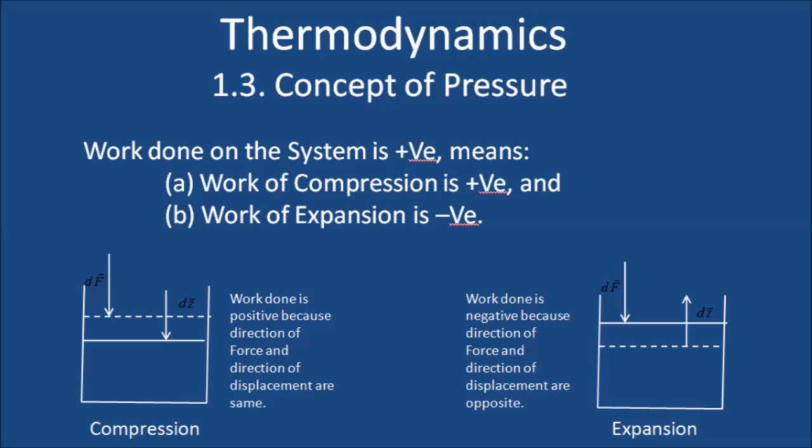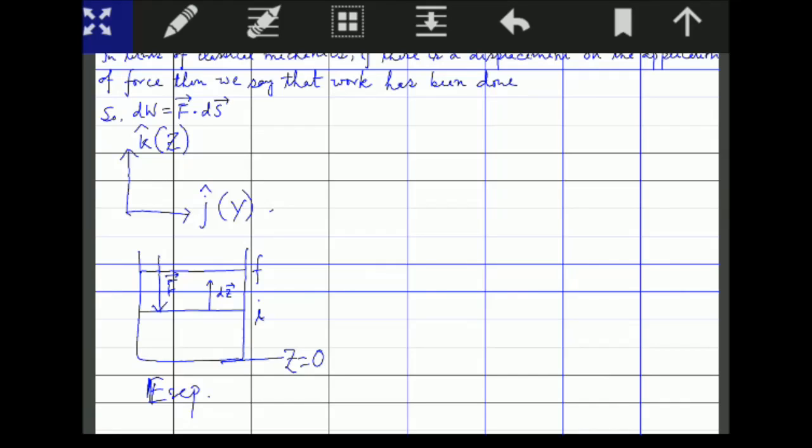But recently the sign convention has changed, and we follow the IUPAC convention. Now the convention is that work done on the system is positive and work done by the system is negative.